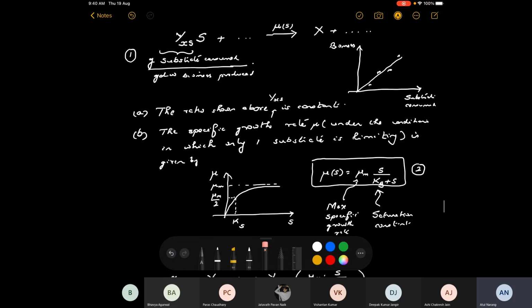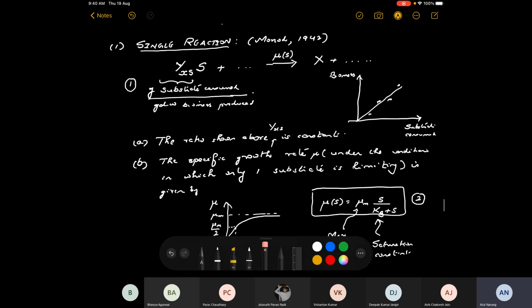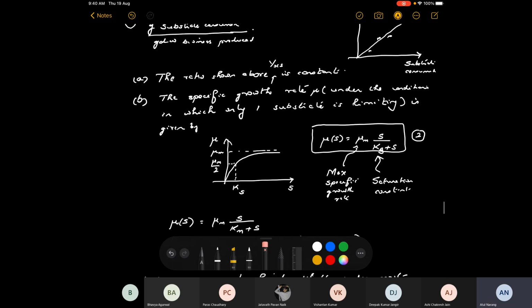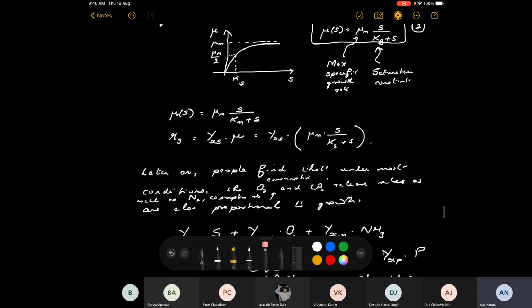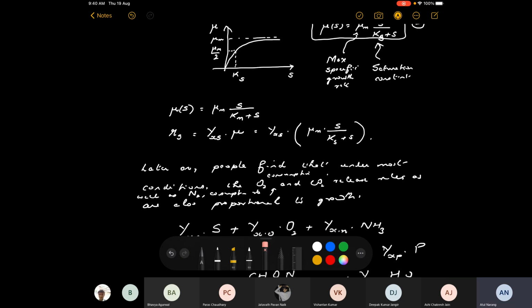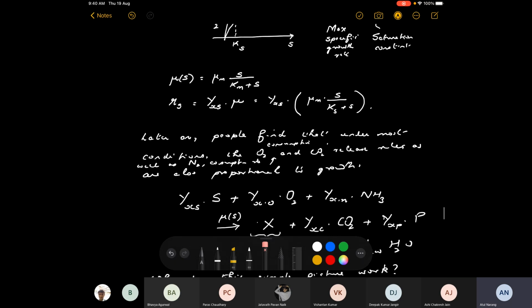In addition, he said that this function mu of S has the hyperbolic form mu m multiplied by S over Ks plus S, where mu m is called the maximum specific growth rate and Ks is called the saturation constant. So ultimately you have the rates you want. Mu of S has this particular functional form. Rs is simply y-XS times mu, which is equal to the full expression given over there.